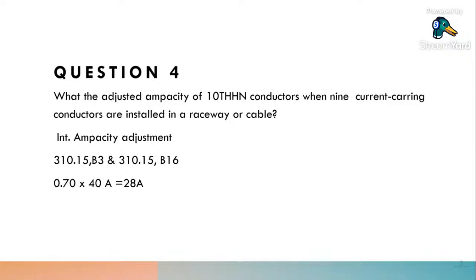The effect of having those numbers within a raceway would reduce the ampacity of the conductor. All right? So we're going to use Table 310.15(B)(16) and 310.15(B)(3) as well to find the value of the conductor when it is being adjusted due to the bundling effect.